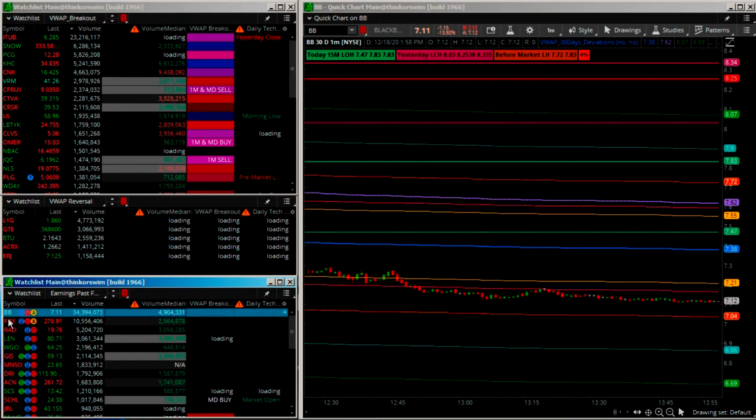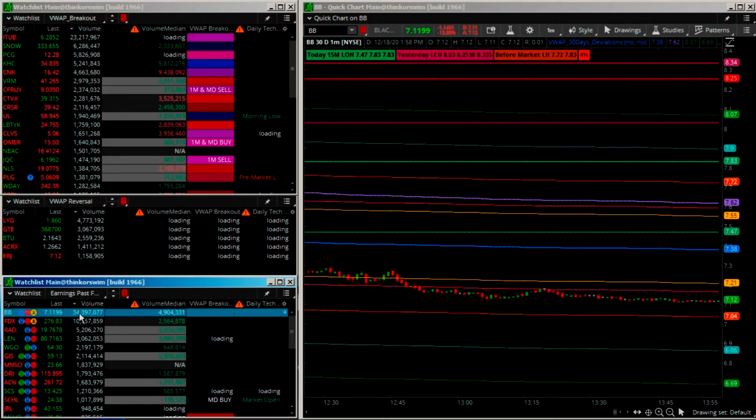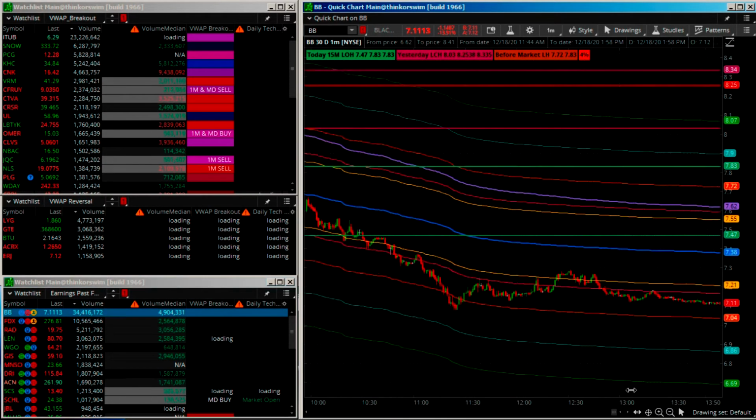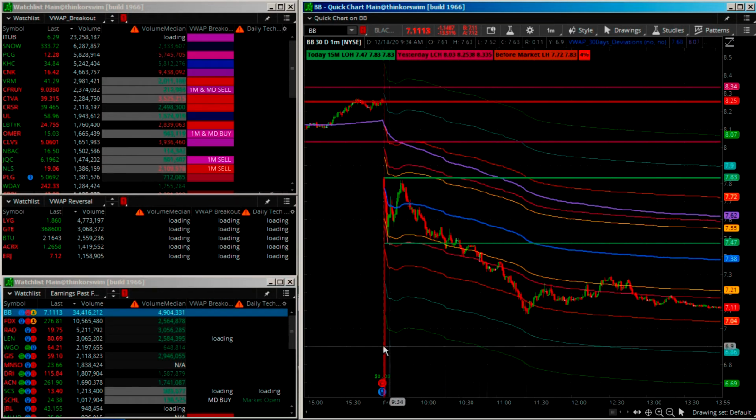As you can see in BB over here, we have 34 million shares traded today, and it's 2 p.m. We're not even done, and usually it trades around 4.9 million shares a day. So it can show you what is very active or not. Green means we are above the expected volume of the day. The expected volume of the day is calculated using the median and the morning spike.